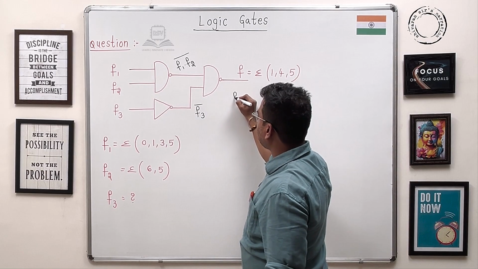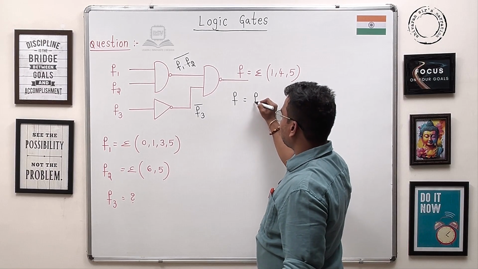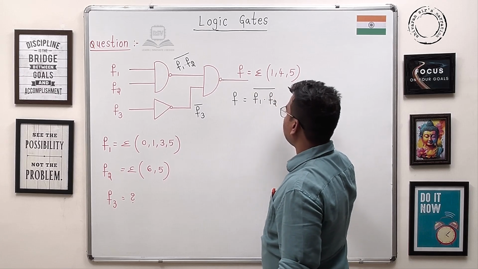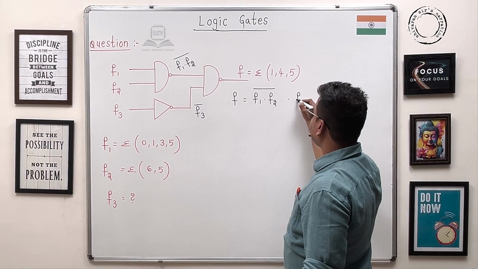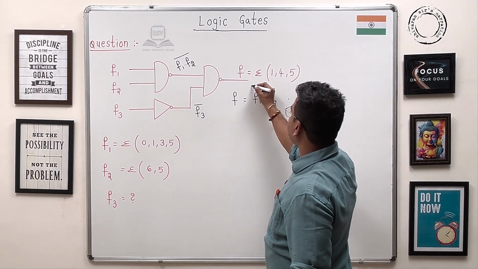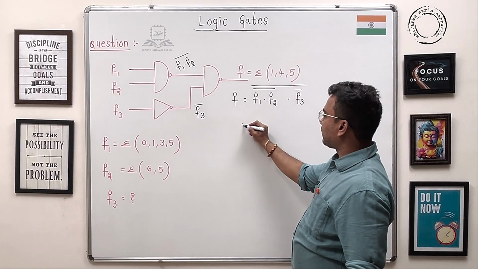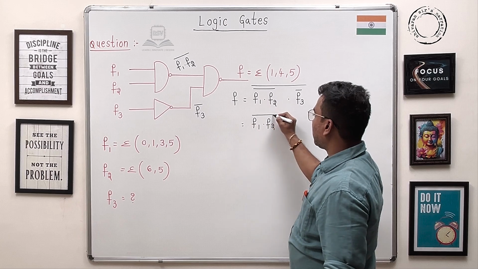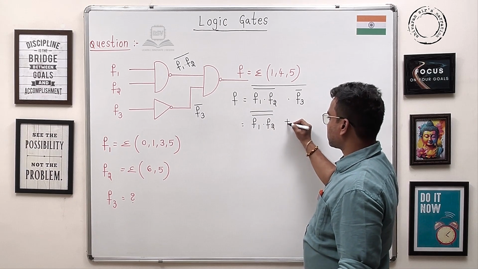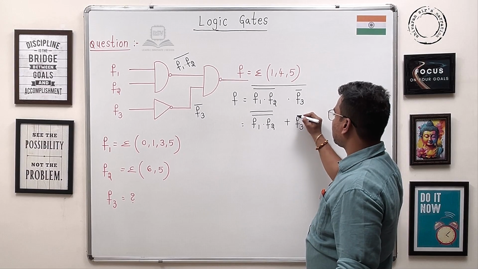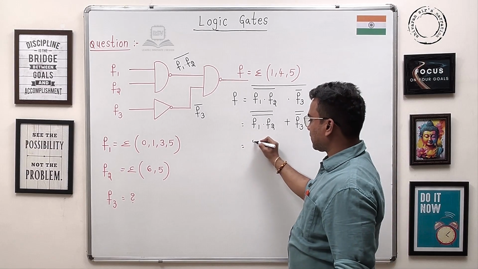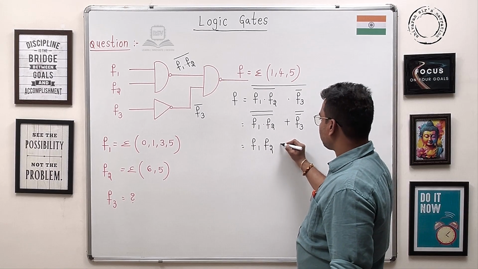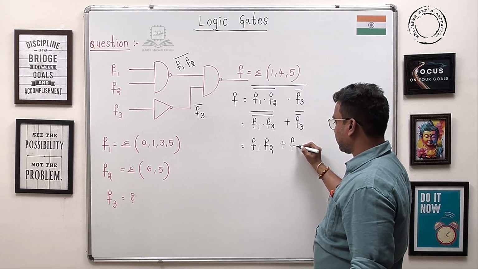Then F is equal to F1 into F2 whole bar into F3 bar whole bar. By applying De Morgan's theorem, you can rewrite it as F1 into F2 bar whole bar plus F3 bar whole bar. Then the output expression is F1 into F2 plus F3.